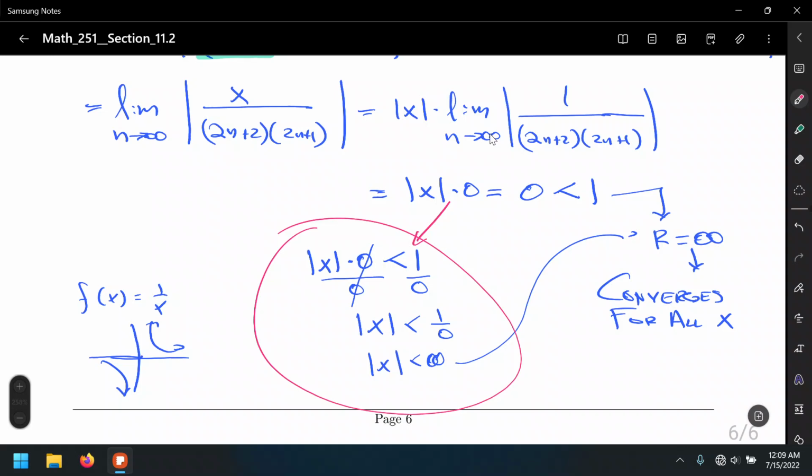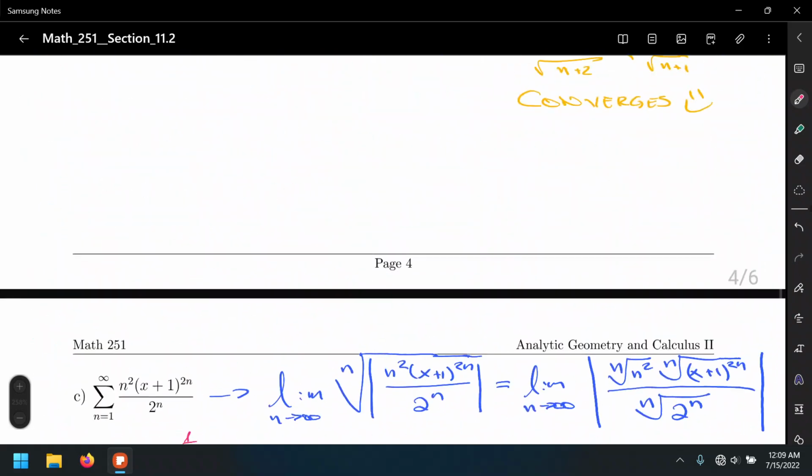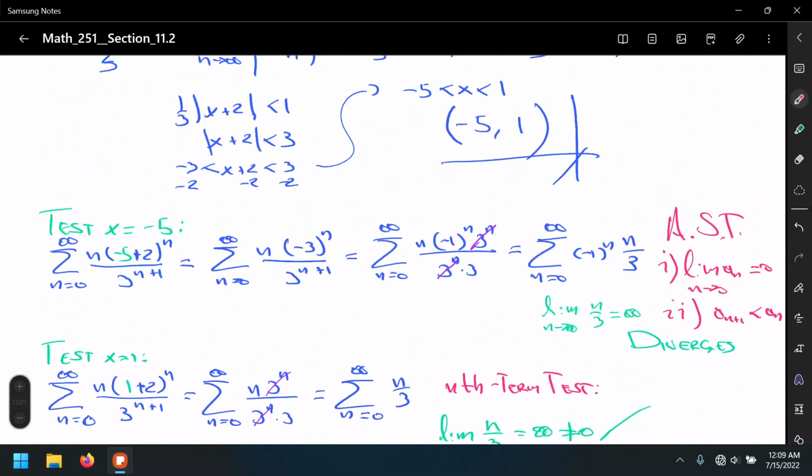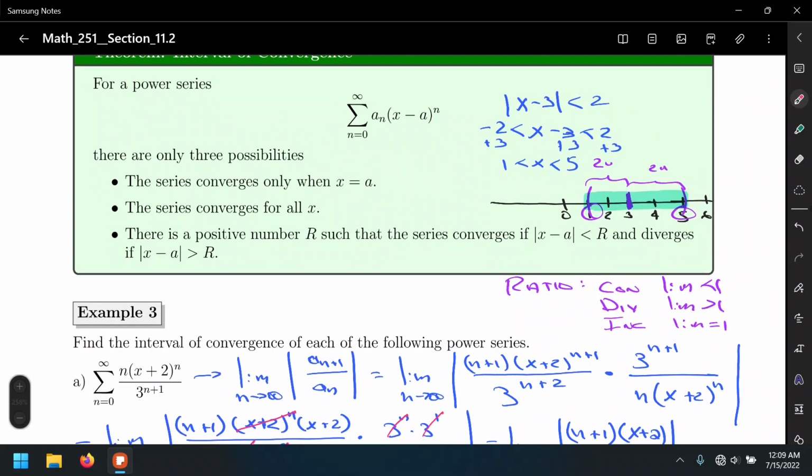This takes us back to the very definition on page 3. The series converges only when x equals a, that is when the radius equals 0.